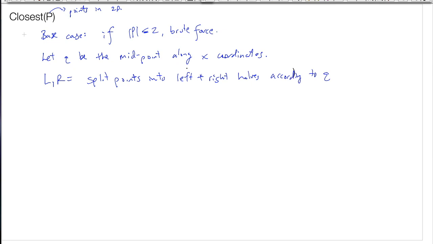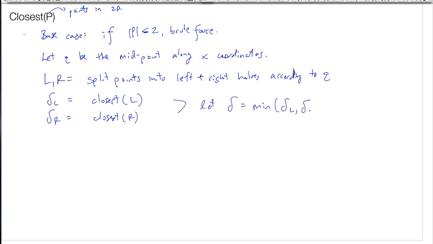We compute the midpoint Q along the x-coordinate, so we can draw that middle line. Then we split the points into left and right halves according to this Q. Now we say delta L is equal to the closest on the left, delta R is equal to the closest on the right. And then we let delta equal the min of delta L and delta R.